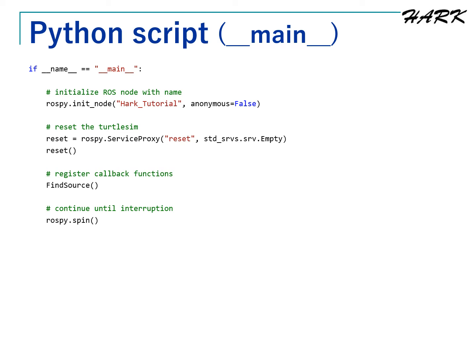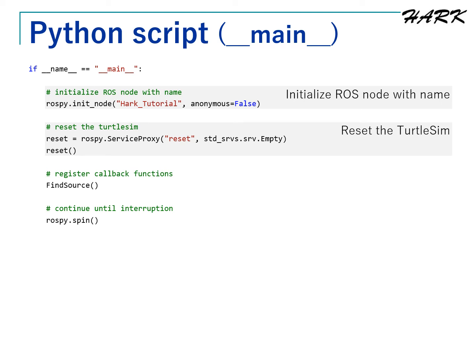The Python script on this page describes the initialization process for system operation. The first block initializes the ROS node with a name using the rospy.init_node method. The second block resets the TurtleSim virtual environment.